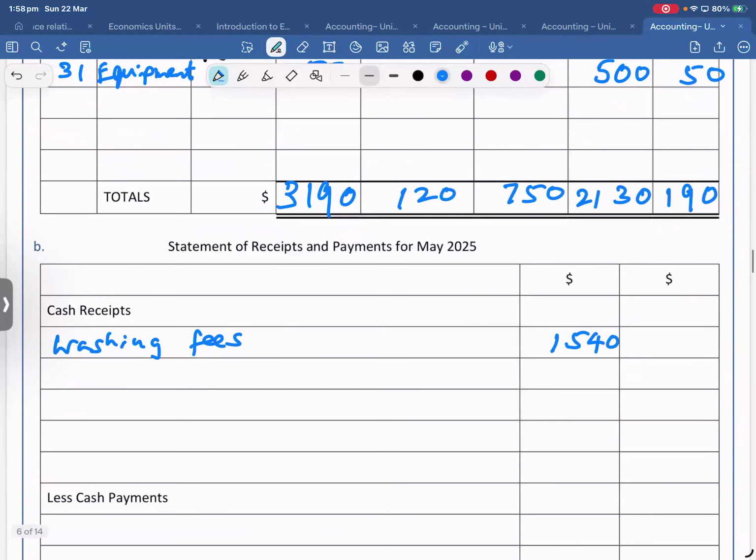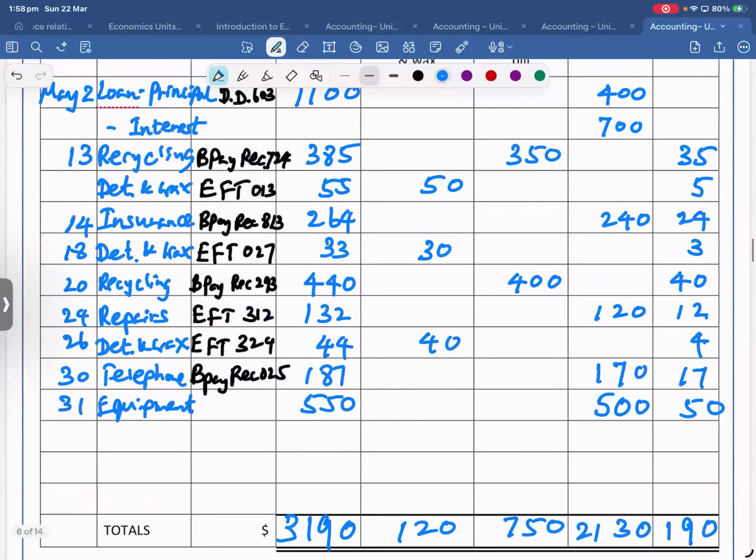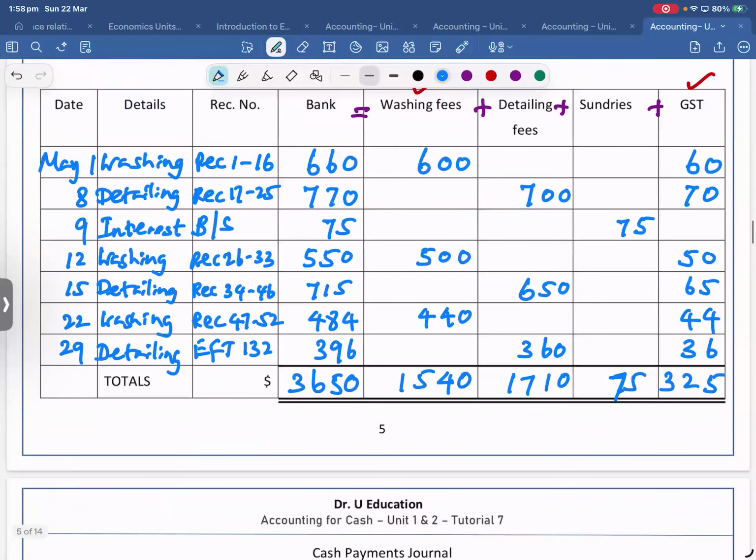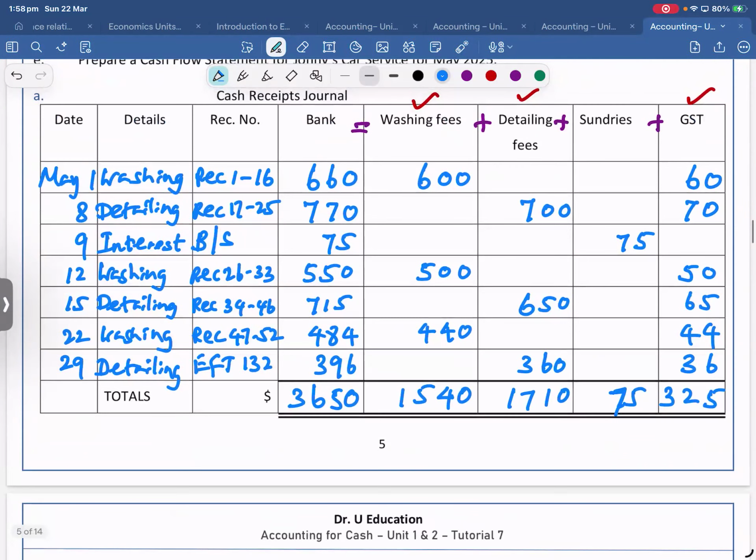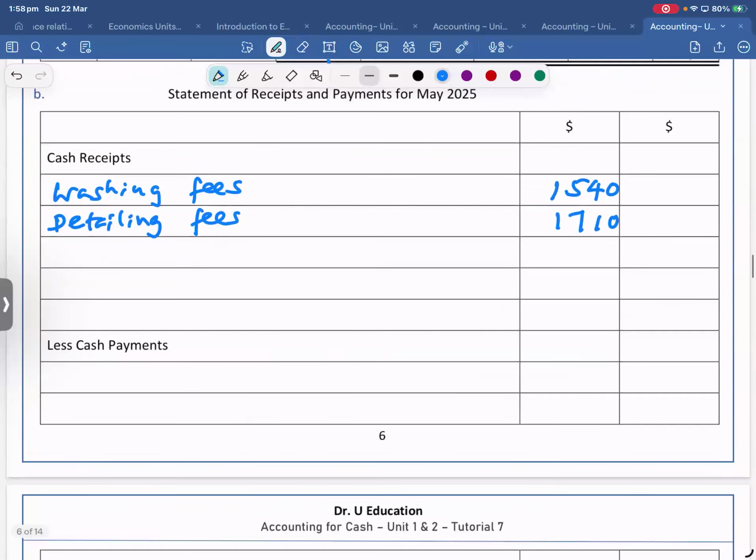Detailing fees, $17.10. Then next one, we'll do GST. GST received 325.